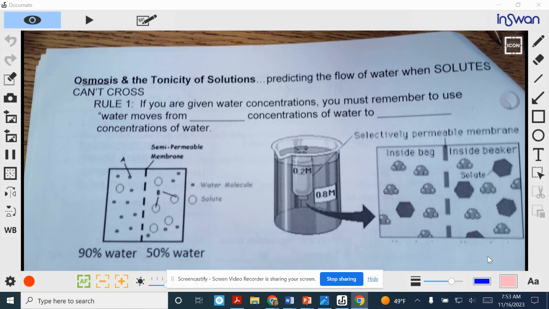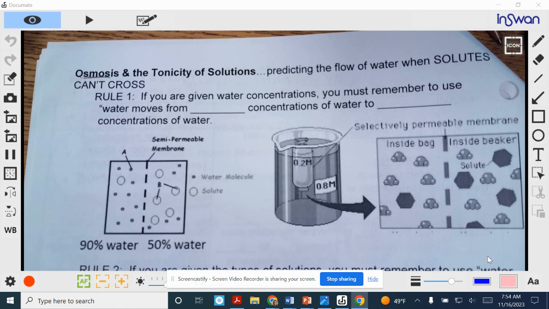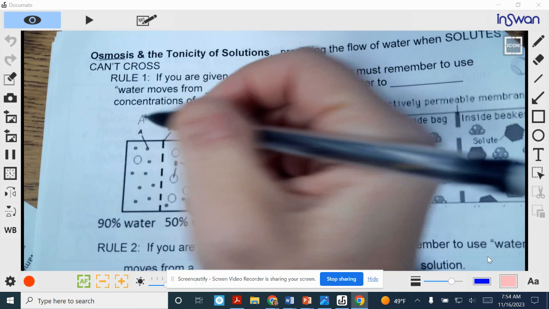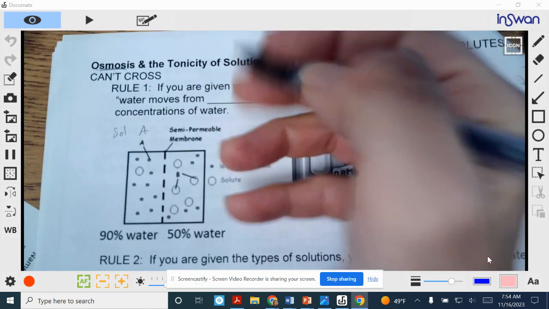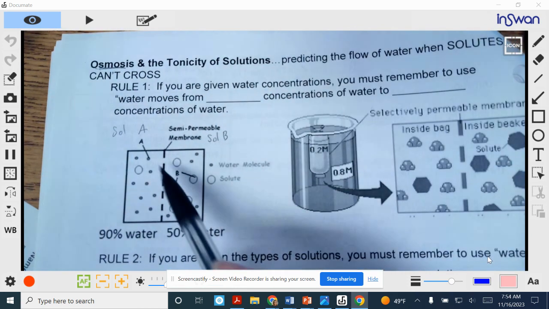Now, we've already talked a little bit about molecules moving from an area of high concentration to an area of low concentration. Sometimes I'll give you a diagram that looks like this, with two solutions: solution A over here, and on this side, solution B, and they're separated by a barrier.